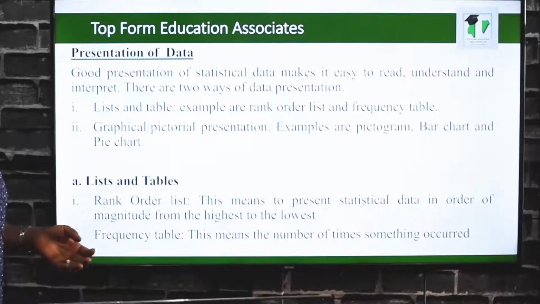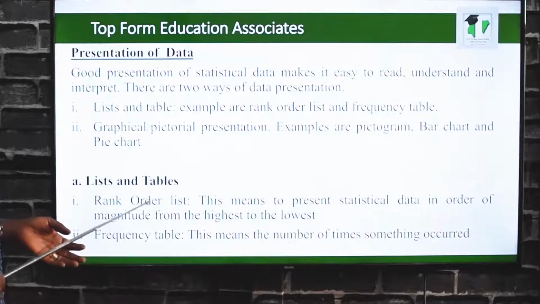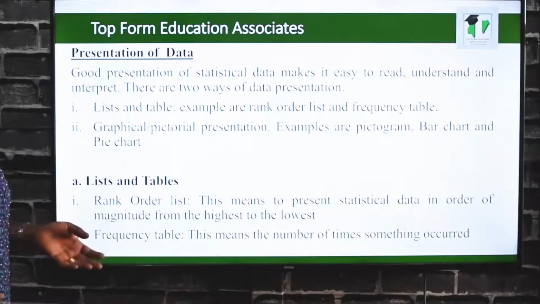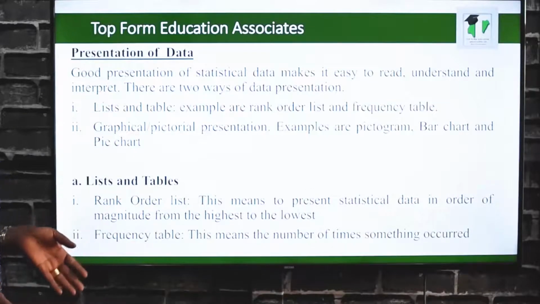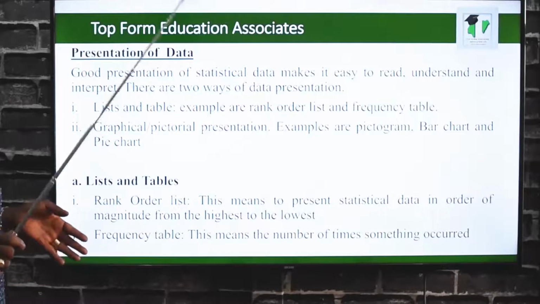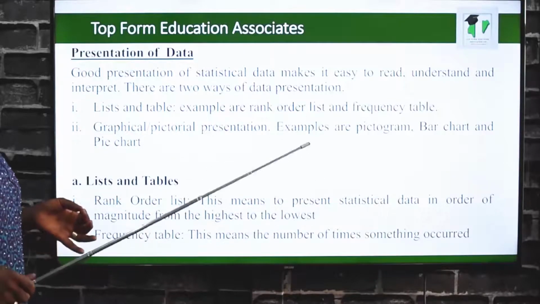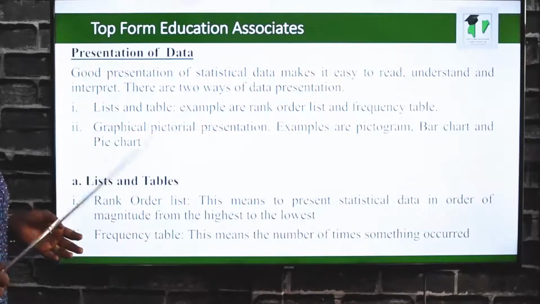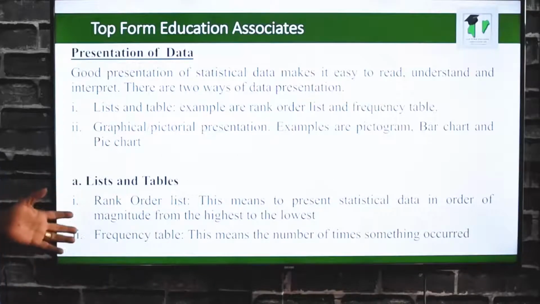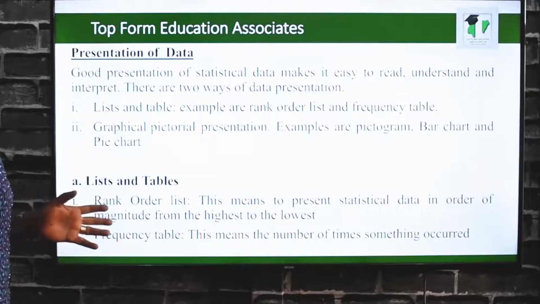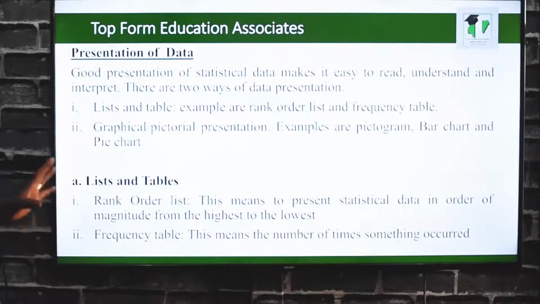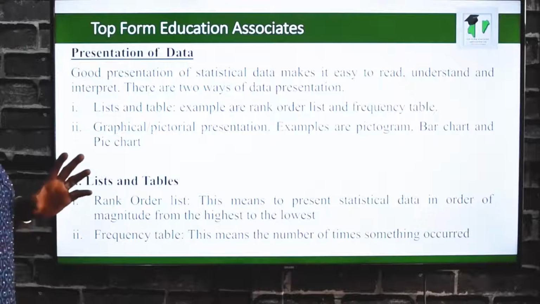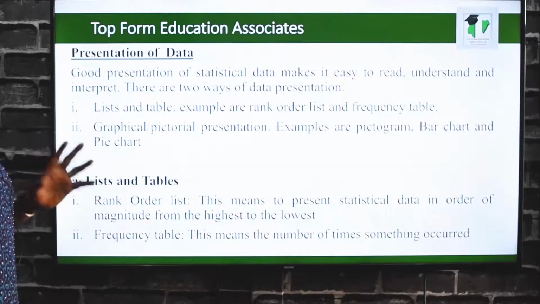When we look at the order of magnitude in ascending order, it means that we are starting from the lowest to the highest. If we are talking about descending order, it is from the highest to the lowest. Either way is a rank order list because the statistical data have been arranged in order of magnitude.